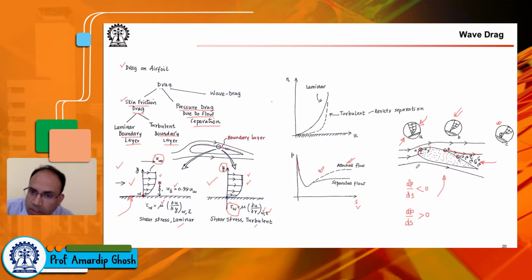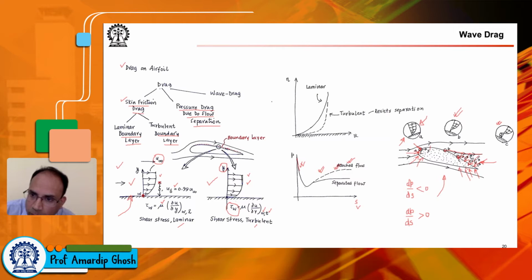So the pressure acting on the front part of the wing pushes the wing backward, but that is balanced by this large pressure that the flow actually recovers to. So you see this pressure and these pressures can balance each other.